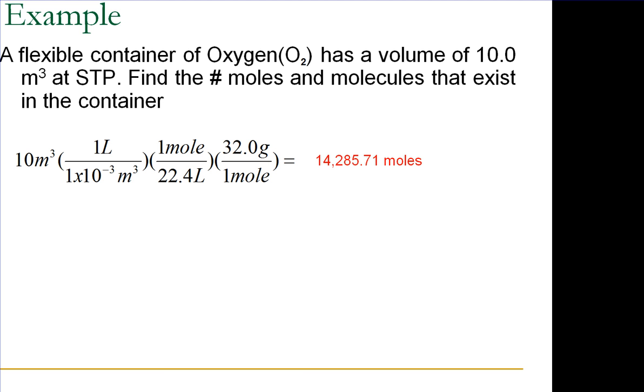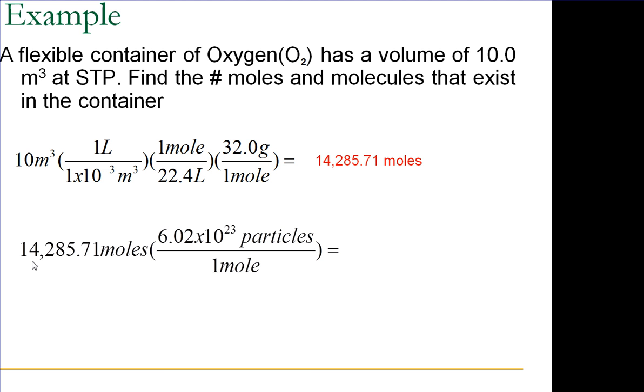Now, to find the number of molecules, I have 14,285.71 moles, and 1 mole is 6.02 times 10 to the 23rd particles. Multiplying straight across, I get 8.51 times 10 to the 29 particles.